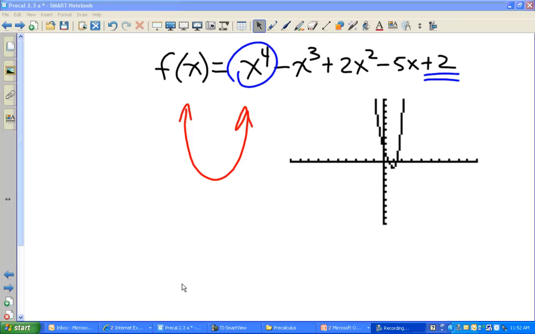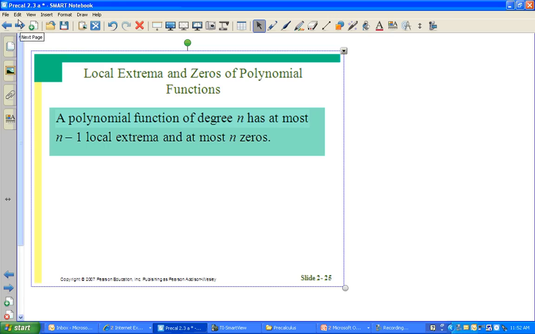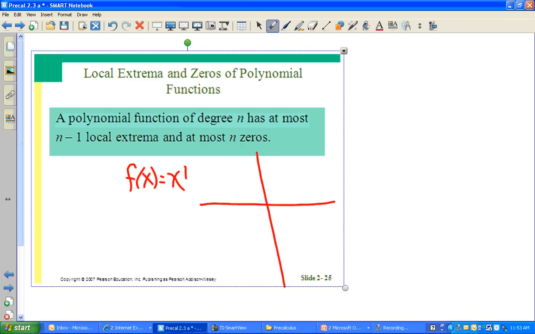So we're just about done with this. I'll just conclude with a couple of synopsis, and this is where we'll pick up tomorrow in class with a problem. The basic idea is that with any polynomial, it can cross the x-axis at most n times. In other words, if you have x to the first power, it is only going to cross the x-axis once.